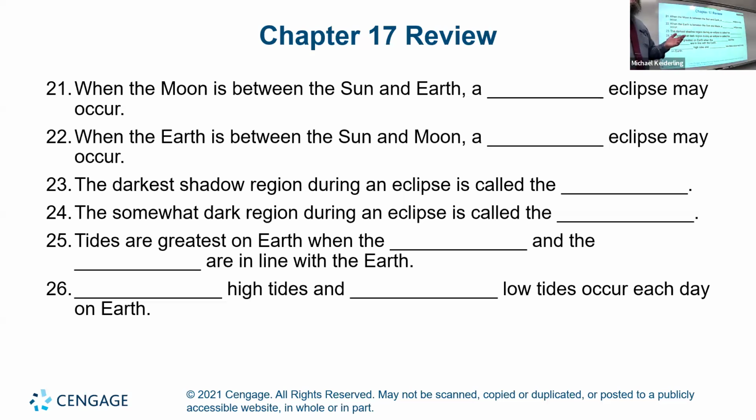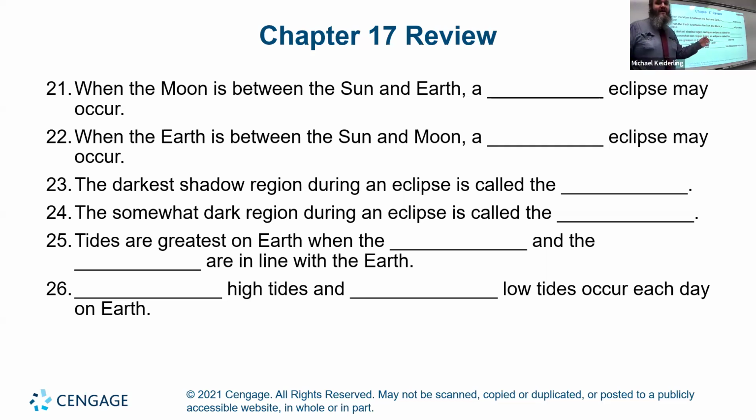The darkest shadow region during an eclipse is called the umbra. The somewhat dark region around the umbra during an eclipse is called the penumbra. Tides are the greatest on Earth when the moon and the sun are in line with Earth, when the Earth, moon, and sun all form a straight line.